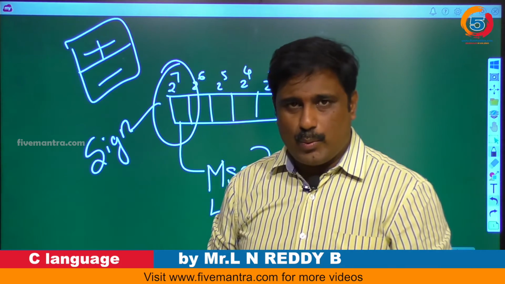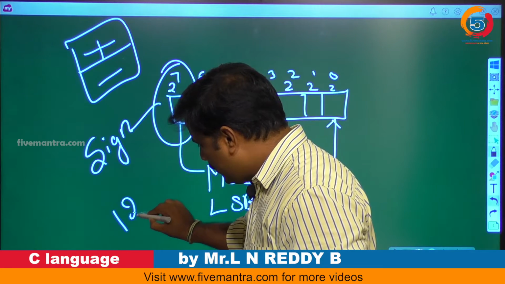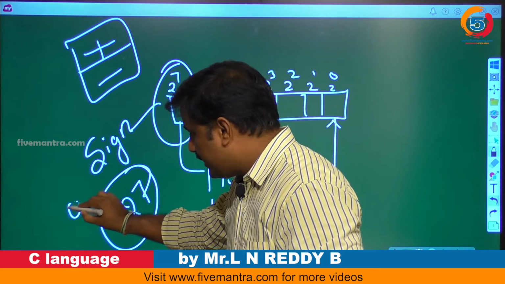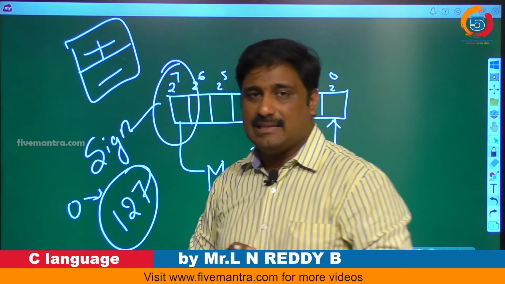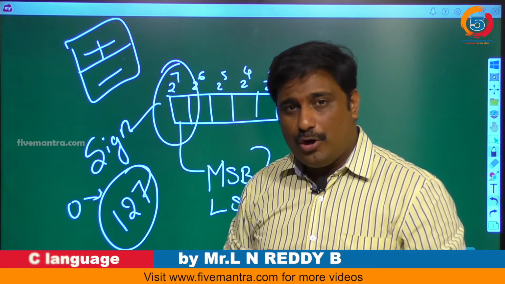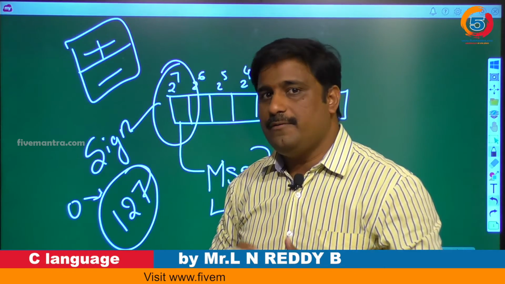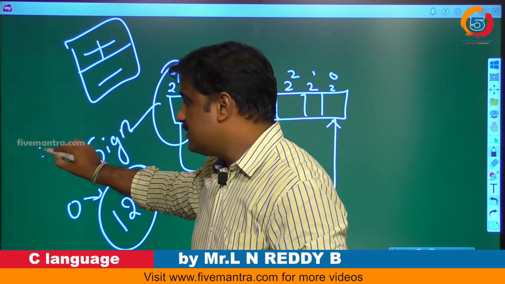This is the basic confusion we have. When you are working with only 0 to 127 characters, go with the signed. Okay, go with the signed. When you want to represent extended ASCII values, like when you are using all 256 ASCII values, that time go with the unsigned.